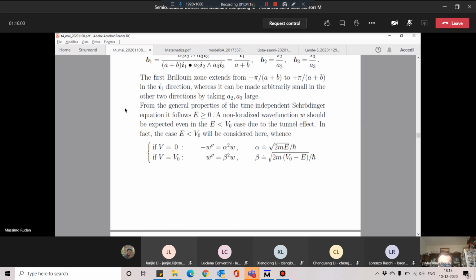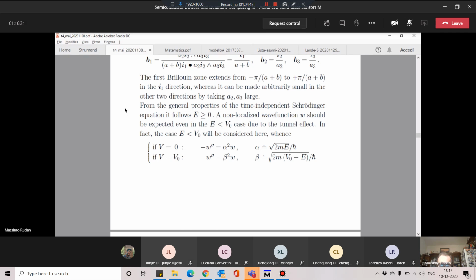So we can neglect the energy in the expression of beta. Obviously, we simplify something. Also, beta becomes dominant with respect to alpha if we make V0 grow to infinity.